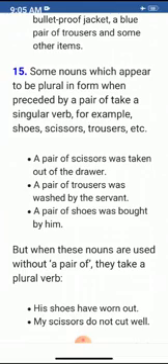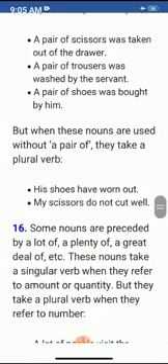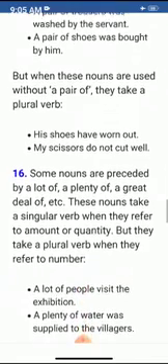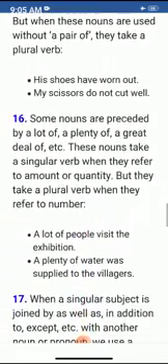His shoes have. Understand? Some nouns are preceded by a lot of, plenty of, a great deal of. These take a singular verb when they refer to amount or quantity, but they take a plural verb when they refer to number. A lot of people. For number we will use plural, otherwise singular.